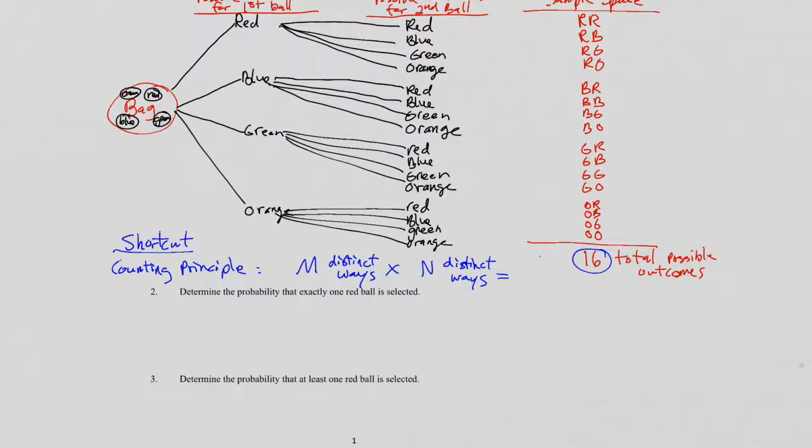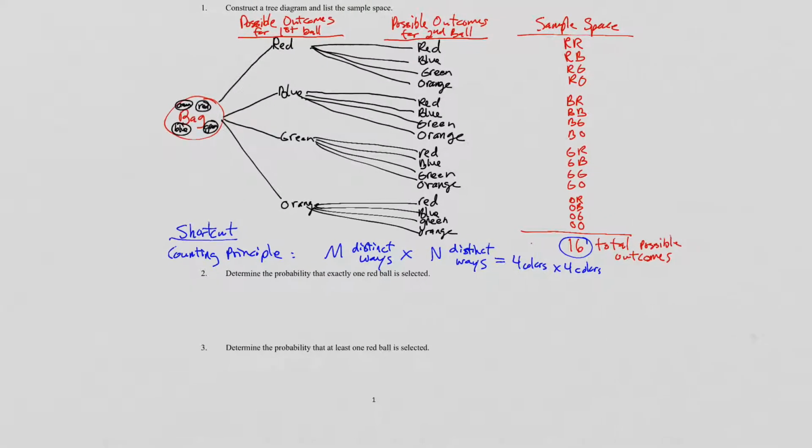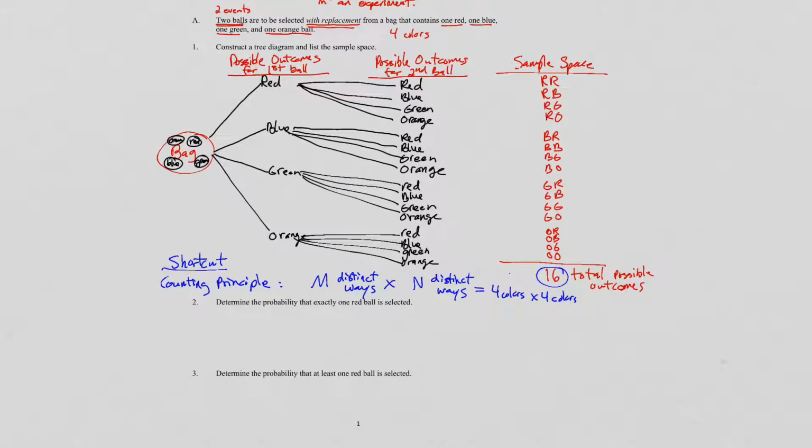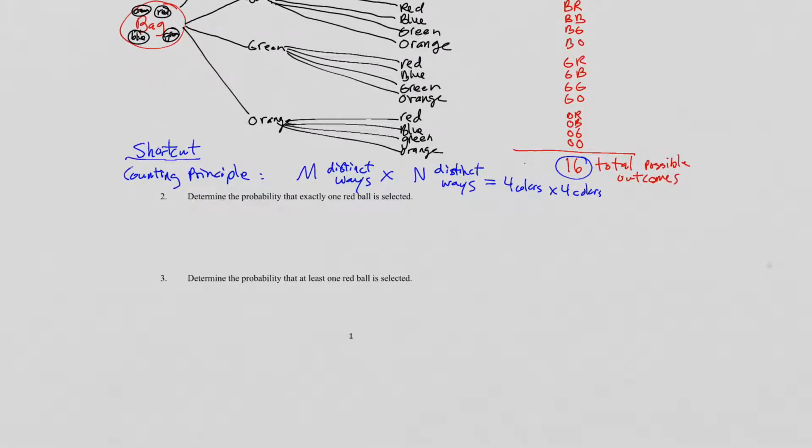In our case, we had 4 colors, or 4 balls. In the first event we have 4, in the second we have 4, so 4 times 4 is 16. And that's how you can know the number. We have 4 in the first event, and then 4 possible options in the second event. So 4 times 4 is 16.